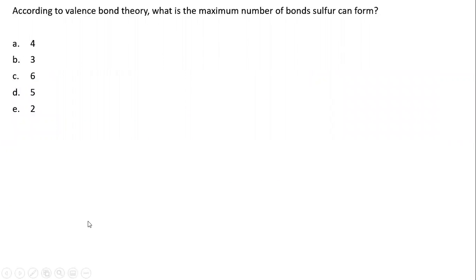Now in question 2, we're looking at the valence bond theory, and we want to know what's the maximum number of bonds sulfur can form.